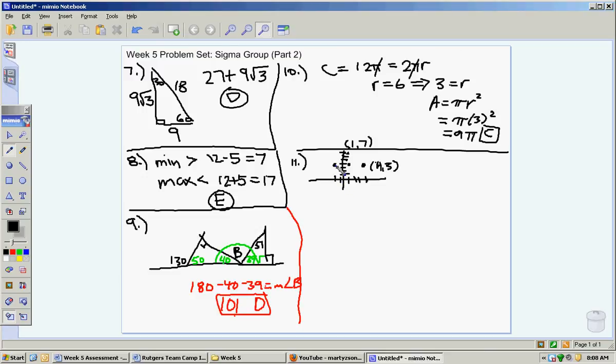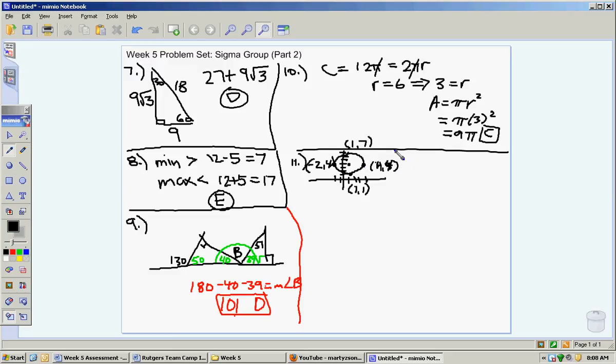That should be 4, 4. And we go down 3 to put us at 1, 1. And if you want, you can sketch the circle to get a better idea of what's going on. But we're basically looking for which one of these has 3 of those 4 points, and that is answer choice B. Anytime I'm dealing with a problem like that, I'm drawing, and it makes it a lot easier.